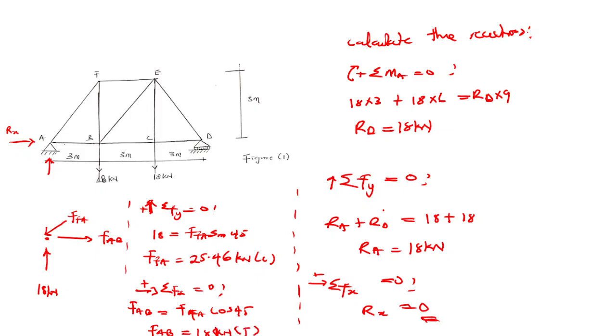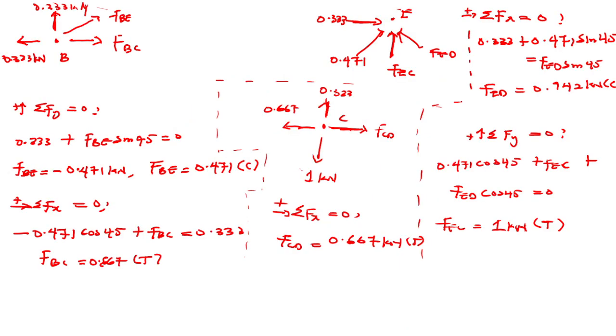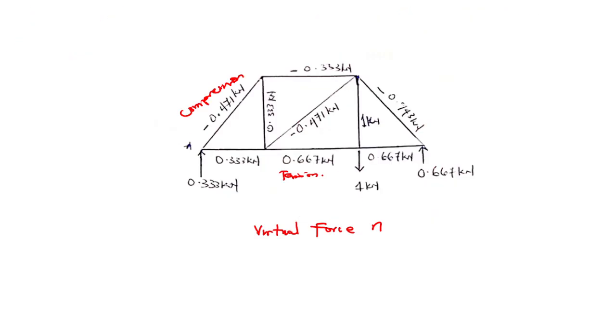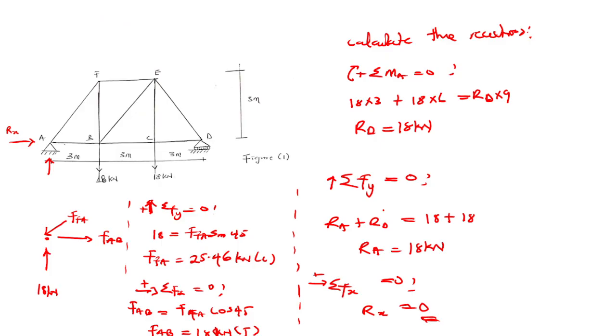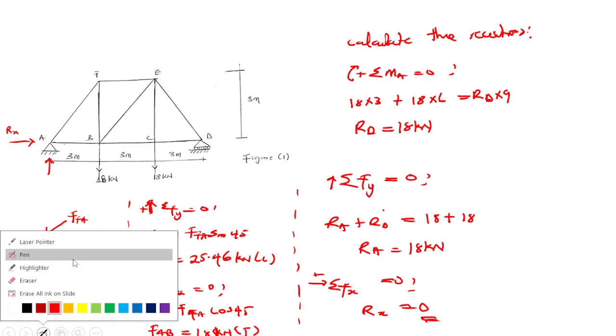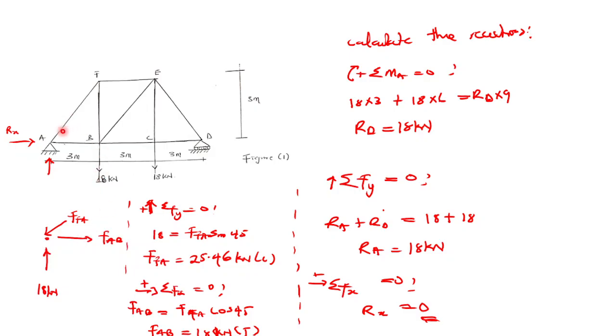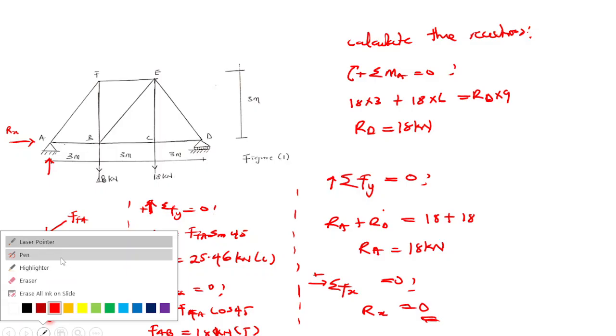So you go over all the joints like we did in the first one, using the same method of joints. When you finish analyzing every one of these joints, you analyze joints F, B, E, and C, like we did with the unit load, and you would obtain this.